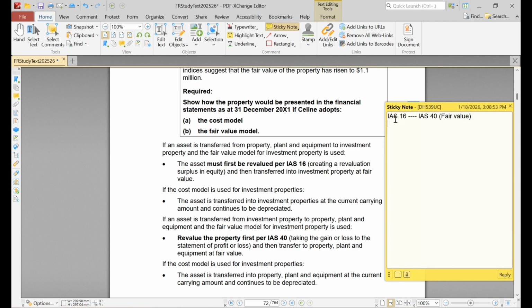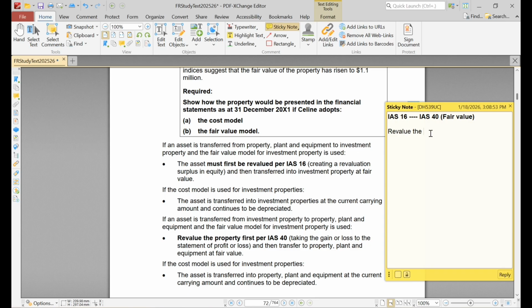Now in this case, first you would revalue the asset. Currently, as per IAS 16, it is PPE. So you would revalue the property using the revaluation model in IAS 16.